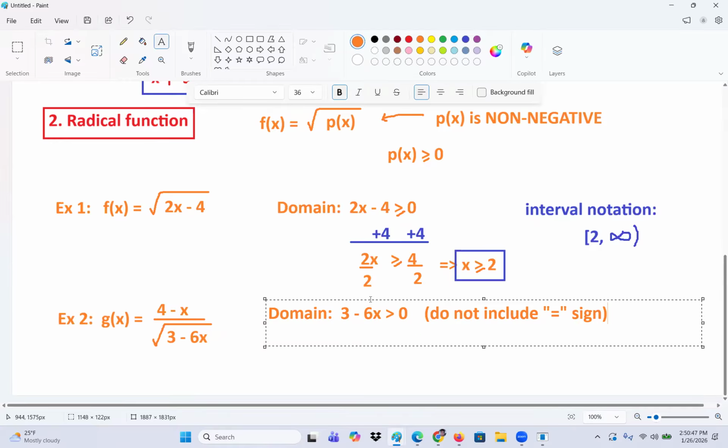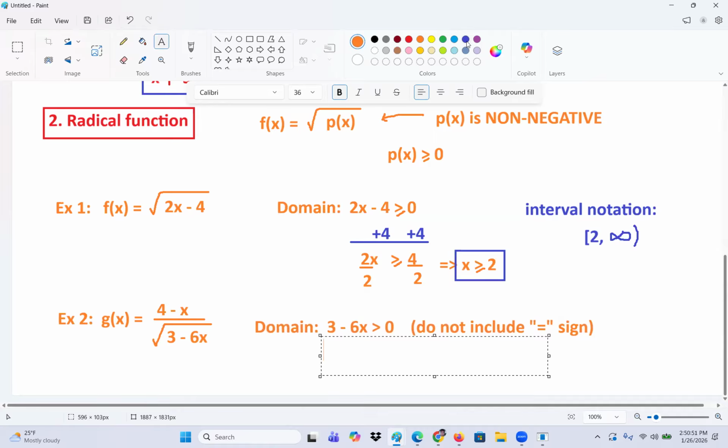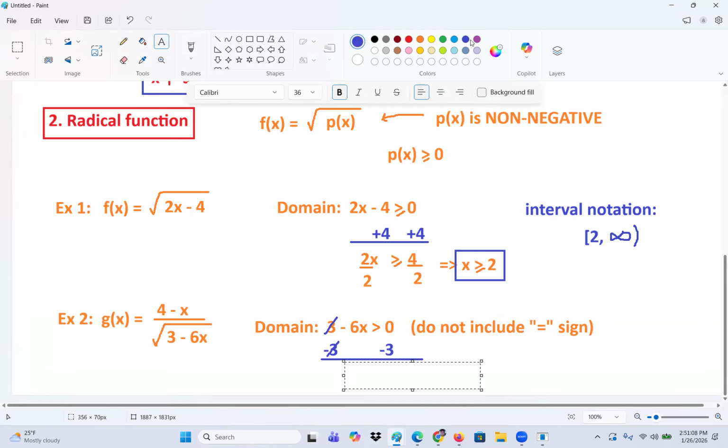Okay, so you just have to simply solve for that. We subtract 3 from both sides, and then we're going to have -6x is greater than -3.